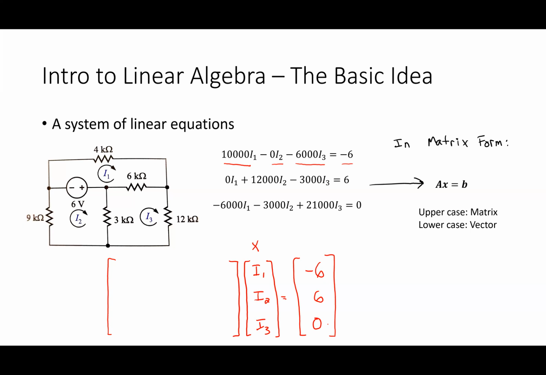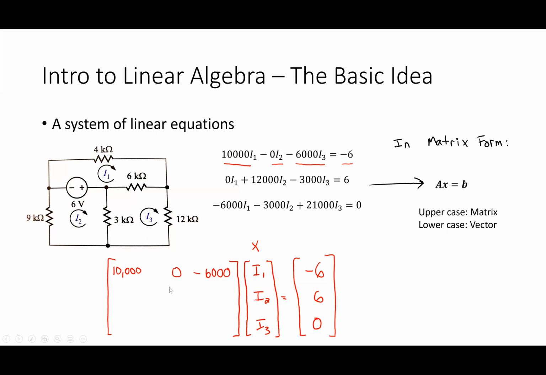If you guys who know this can help me out: what are the entries in the first row of this matrix? 10,000. Yep. What's in the middle? 0. 0 and -6,000. Okay.